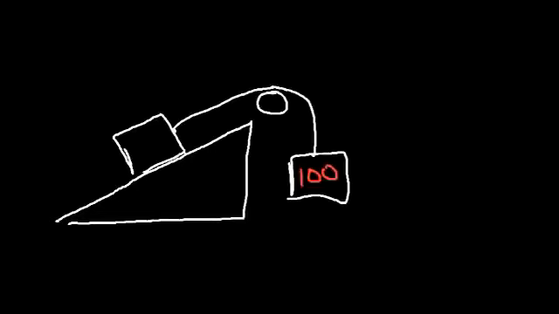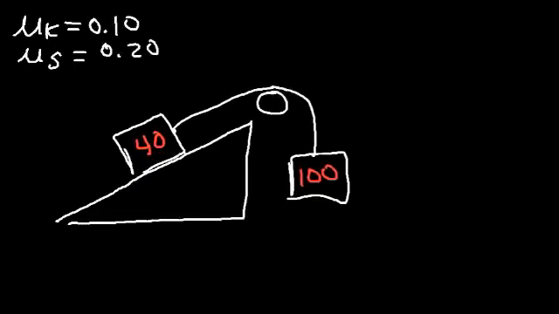So here's the last example for the day. This time we're going to have a 100 kilogram object, and on the incline it's going to be a 40 kilogram object. Mu k is going to be 0.10 and mu s 0.20. So will the system remain at rest or will it move?